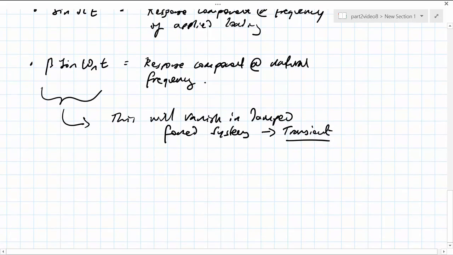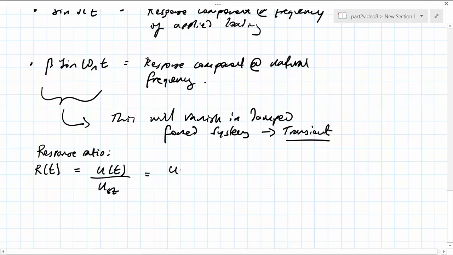Finally, the response ratio, R(t), is the ratio of the dynamic to static response. So we say that we have the dynamic response u(t) divided by u static, which is equal again to u(t) divided by p naught over k.